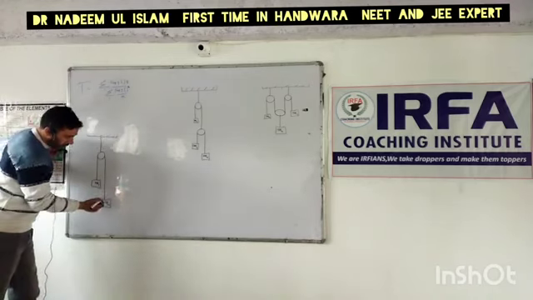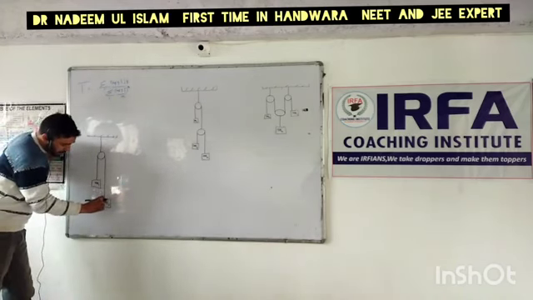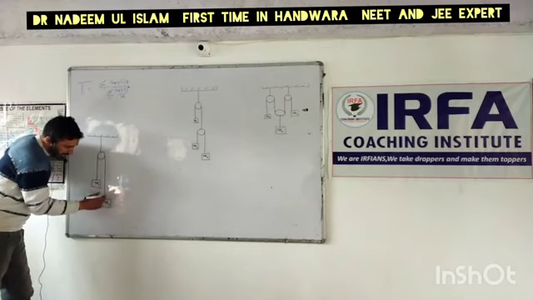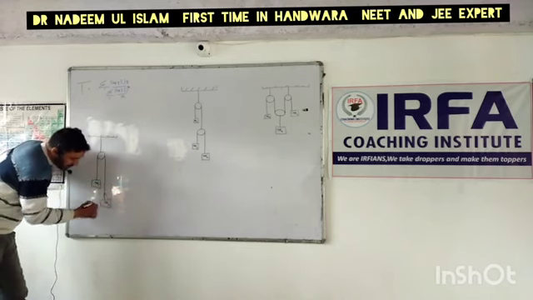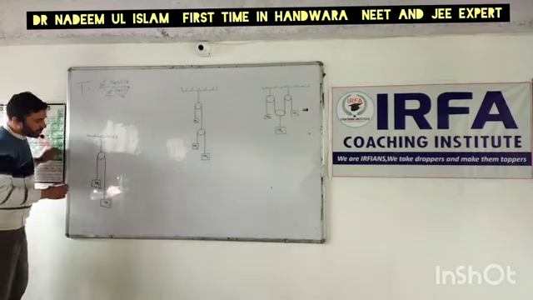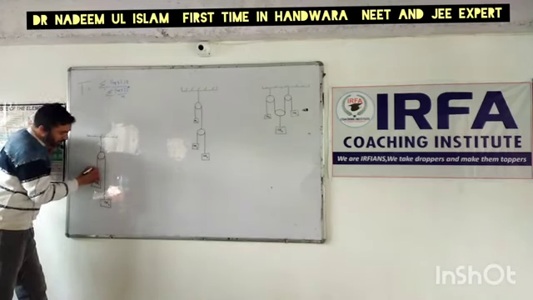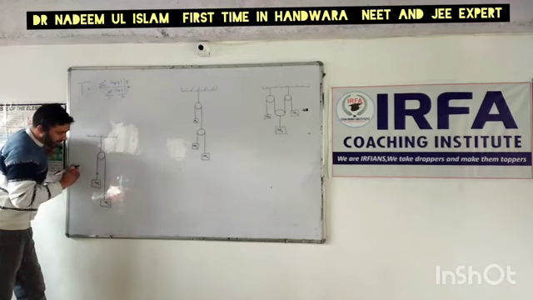As we learned earlier in tension, this block of mass M2 exerts a downward force, the force of gravity, by its weight, and the string is pulling it upwards with the tension, so the tension will be acting upwards here. The same string is running over the pulley, so the tension will be the same throughout, and the tension is trying to pull this block upwards so that it can rotate it.